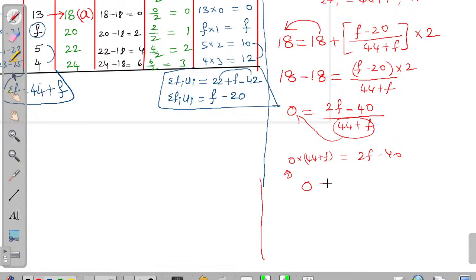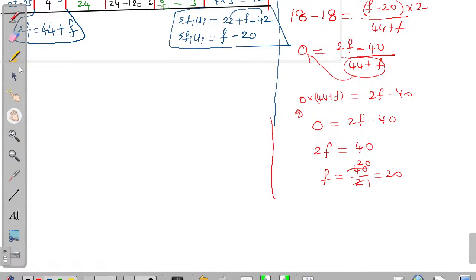So 0 is equal to 2f minus 40. After that 2f is equal to 40. So f is equal to 40 by 2, which is 20. So the missing frequency f is equal to 20.